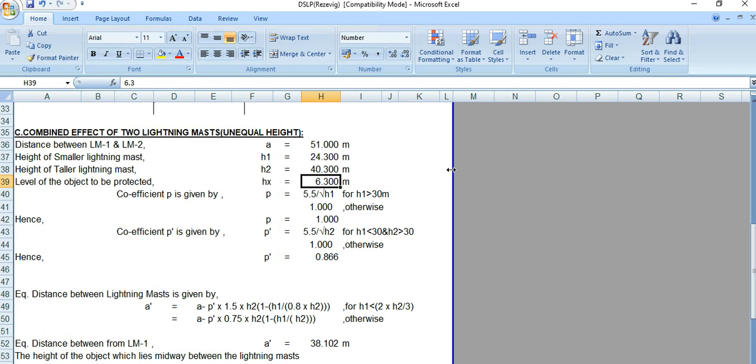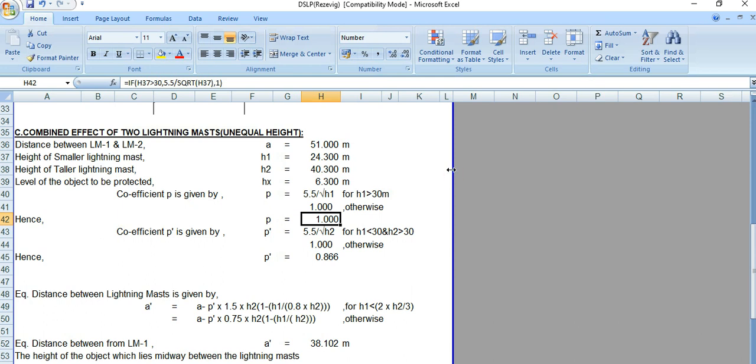Hence the coefficient P is given by the same formula, 5.5 by root H1 for H1 greater than 30 meter, otherwise 1. Since this H1 height is 24.3 meter, which is less than 30 meter, the value of this coefficient P is considered 1.